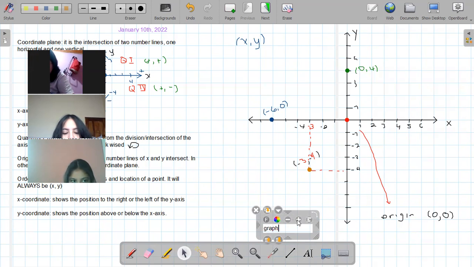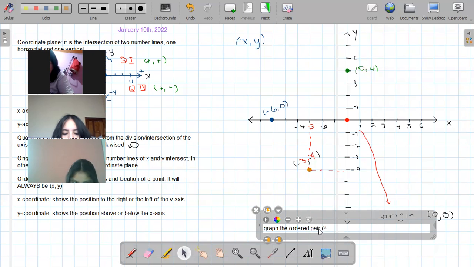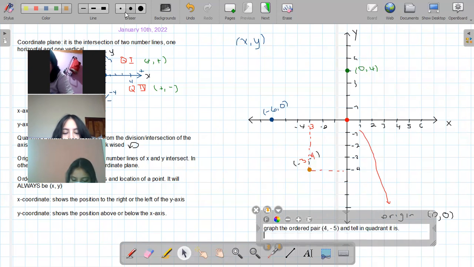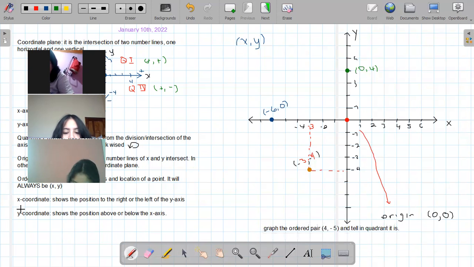Graph the order pair 4, -5 and tell in what quadrant it is. What would be your answer? Where am I going to graph it?